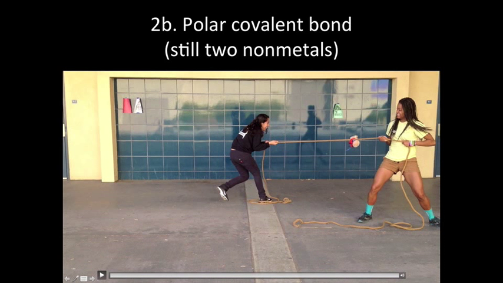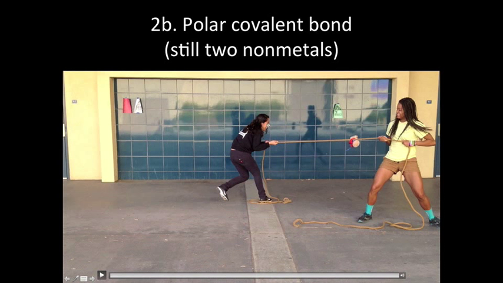So these two atoms now are bonded together, but the electron is a little bit closer to Bree because she has a higher electronegativity. It's a little farther from Monica. She's still got a handle on it, so it's that connection between the electron that actually connects the two atoms. Now this is called polar because this end, where Bree is, where the electron is going to be a little bit more negative.